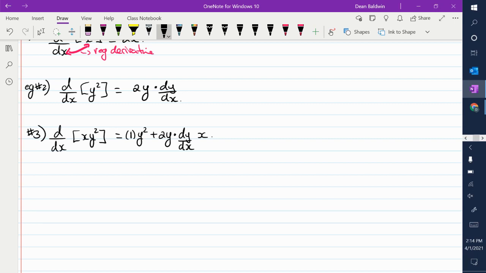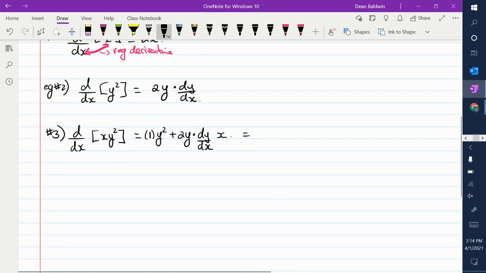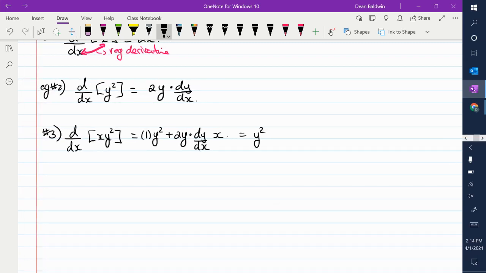Now, Torsten said you can do this. He doesn't like it, and it doesn't really make sense when we do related rates. But I find that for a lot of students this makes more sense, or it's just easier to read. So it'd be y squared plus 2y, and instead of writing dy dx, you can write y primed.